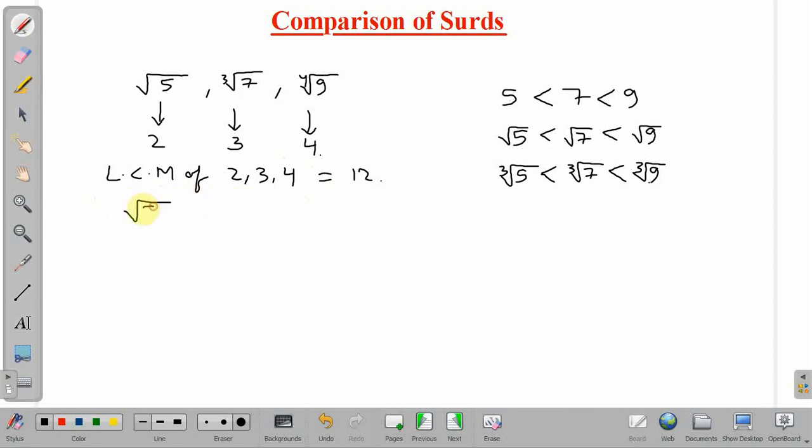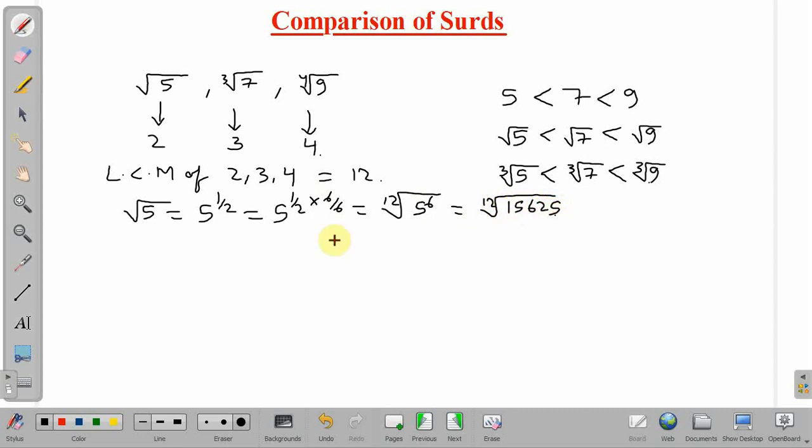Square root of 5 is 5 to the power 1 by 2. We have to make the order 12, so we multiply by 6 and divide by 6. So it will be 12th root of 5 to the power 6, and 5 to the power 6 is 15625, so 12th root of 15625.